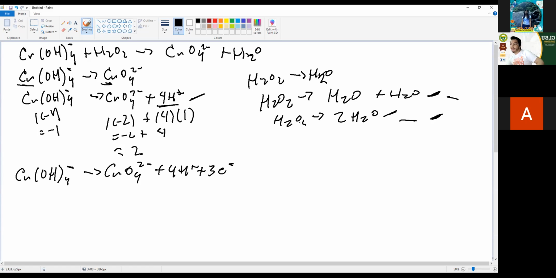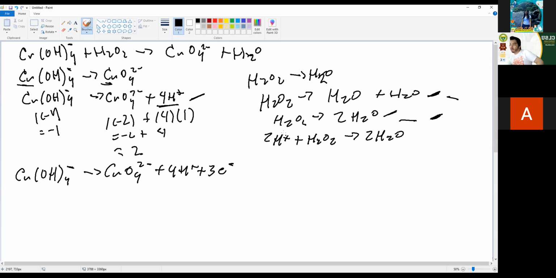Ang gagawin natin, magbabalance na yung hydrogen. So since dito tayo nagdagdag sa right side ng water, dito tayo sa left side magdagdag ng water. So kulang ng dalawa. So 2H plus H2O2 will yield 2 water. So balance ng elements. So 4 yung hydrogen, 2 yung oxygen, 4 yung hydrogen, saka 2 yung oxygen. So ngayon, dito 0 yung charge kasi wala namang charge kahit ano dito.